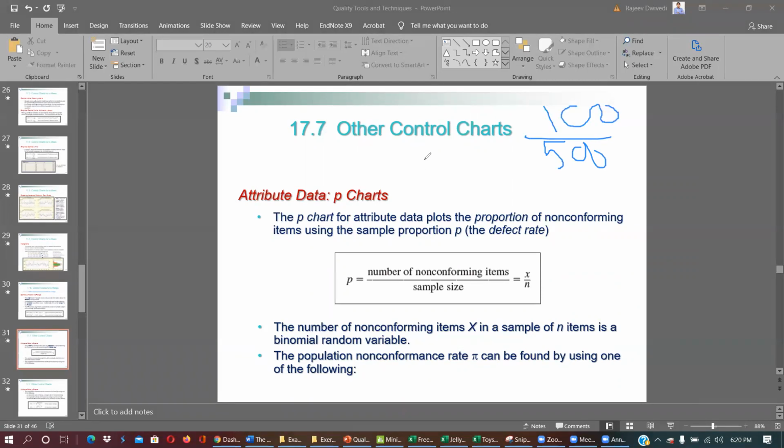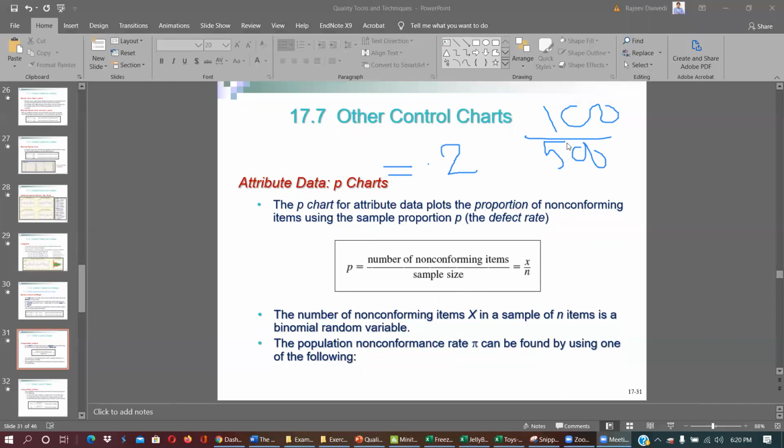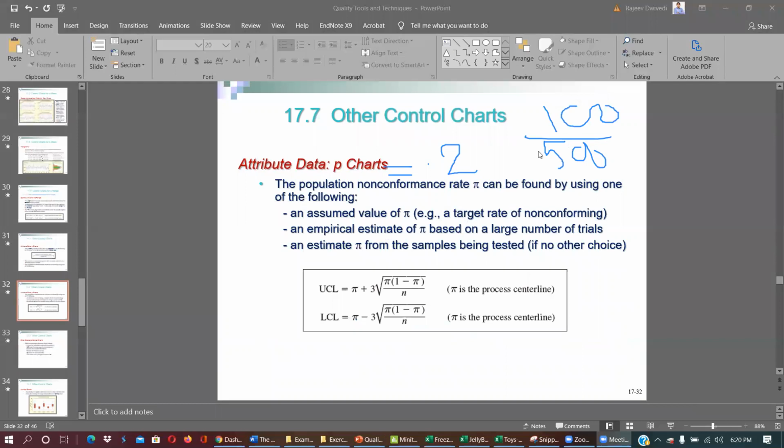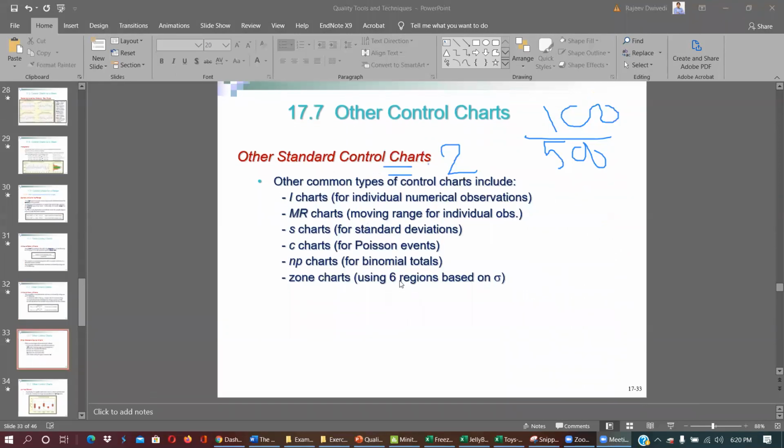So this proportion is 100 divided by 500, which is 20%. Based on that, if you have this data, you can do the P chart. And this is the control limit for the P chart: proportion, plus minus 3, square root of proportion times 1 minus proportion. This is based on exactly the same formula; however, instead of mean and standard deviation, these are the formulas for proportion.